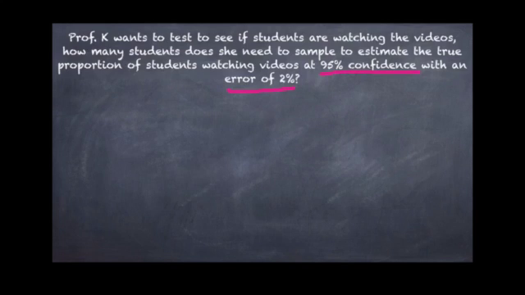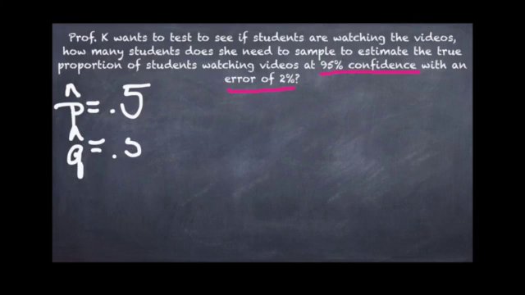Notice there was no percentage given, so I'm going to assume a 50-50 split. So I'm going to assume that p hat is 0.5 and q hat is 0.5.